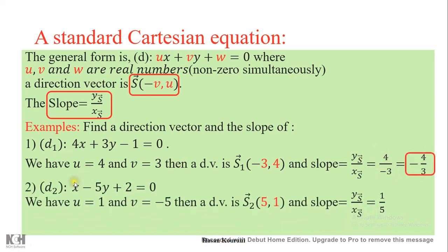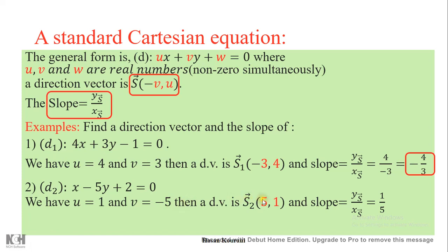Let's see another example here: x minus 5y plus 2 equal to 0. It has the form ux plus vy plus w equal to 0. Here u equal 1 and v equal -5 and w equal 2. To determine a direction vector, we need just the values of u and v. As you see, the rule says it's -v, u, and v equal -5.